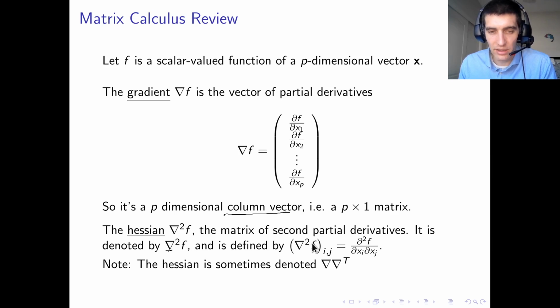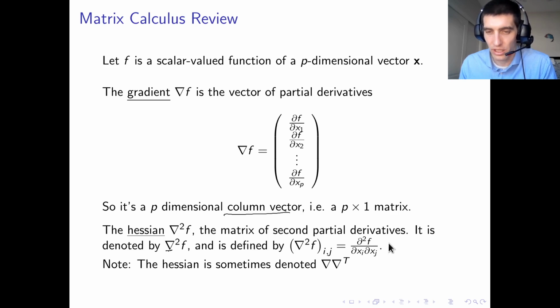And what it means is that the ij element of this Hessian matrix is the second derivative of f. You take one derivative with respect to xi, and one derivative with respect to xj. And it's symmetric because you can take the derivatives in either order.